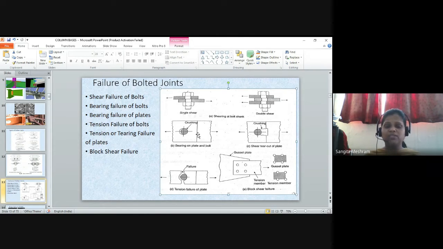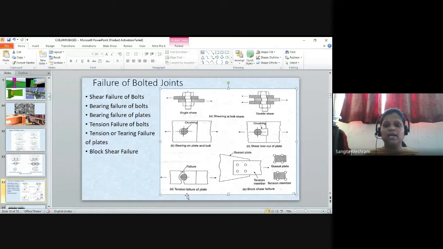If any members we are connecting, during its whole service life, it will have different forces acting. It may be environmental forces or load coming from another structure, so it will cause some displacement. ठीक है. तो वो एक्चुअल पोजीशन से मूव हो सकता है, moving of plate or it may be a bolt. So that type of failure is called bearing failure.